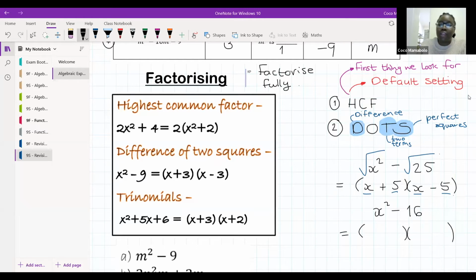And then what are the signs that go into both of my brackets? A plus and a minus. Good. And then I'm going to square root x squared. What is the square root of x squared? X. And 16? 4. Good. X and x. And then I'm going to put a 4 and a 4 here. That's it. Well done.